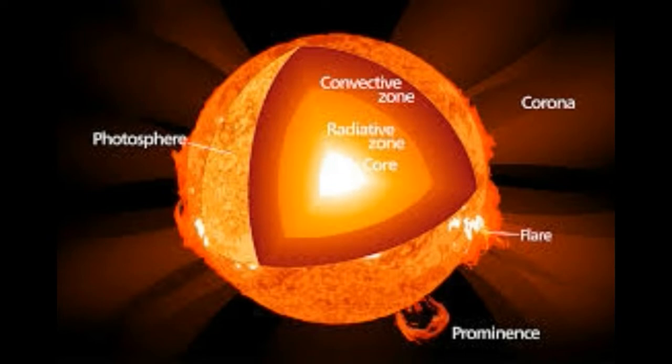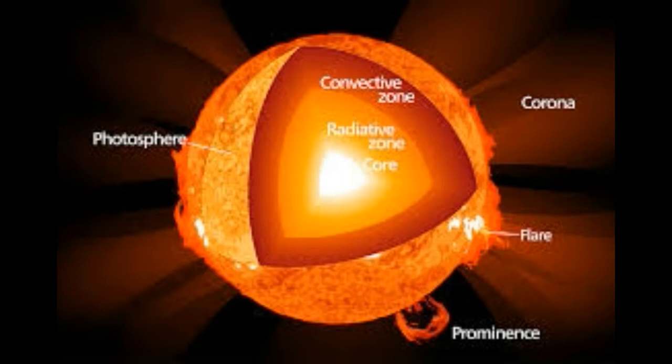The next layer, as we work our way outward, is the convective zone. In this layer, photons produced by fusion in the core make their way to the surface of the sun through convection. This zone is dominated by convection currents that carry the energy produced through fusion in the sun's core outward to the surface.